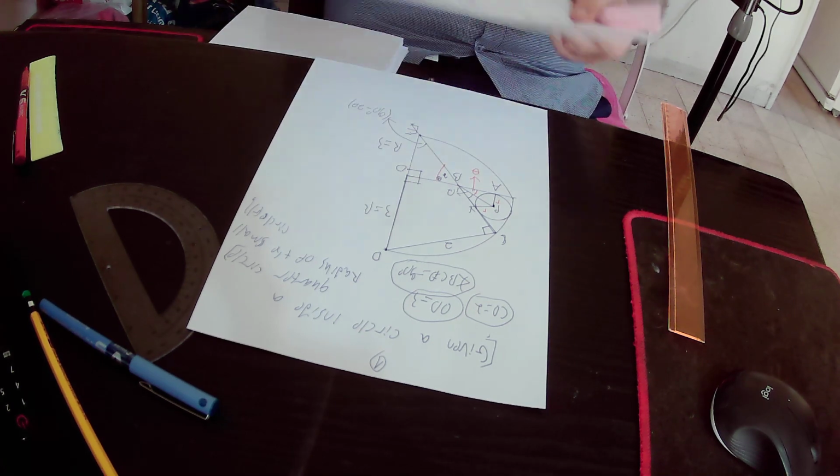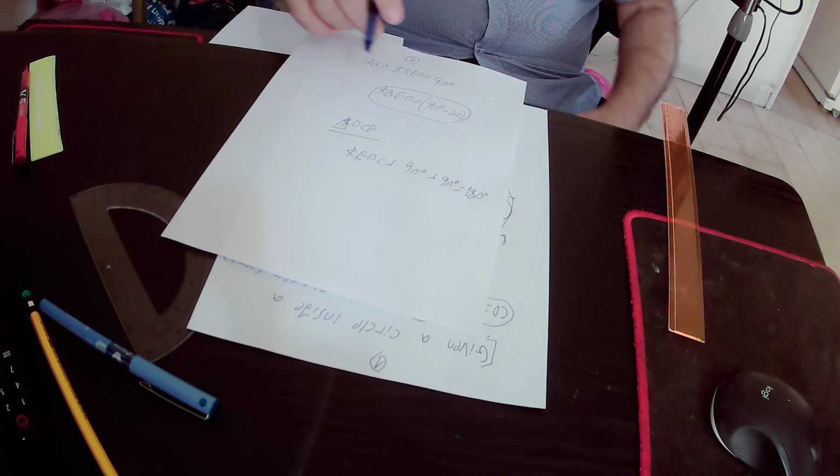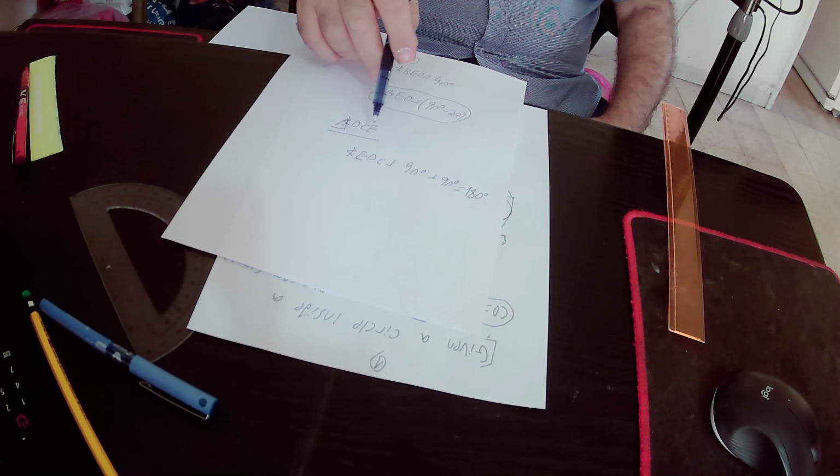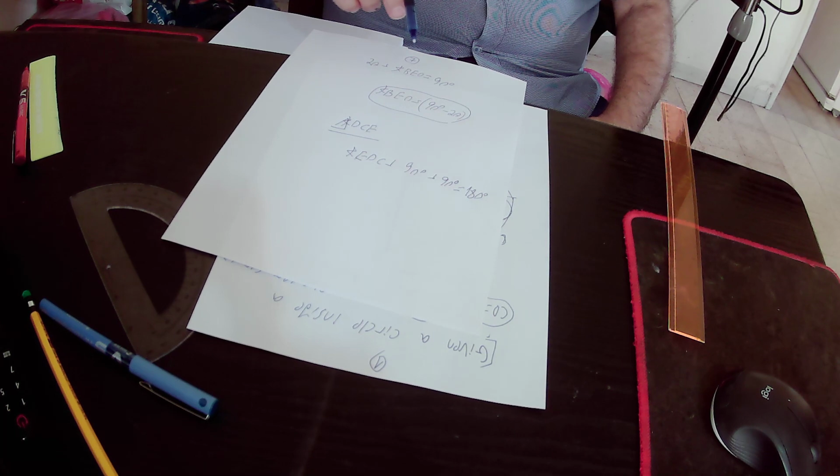Again, this statement is actually that the sum of the angles in triangle DCE must be equal to 180 degrees.